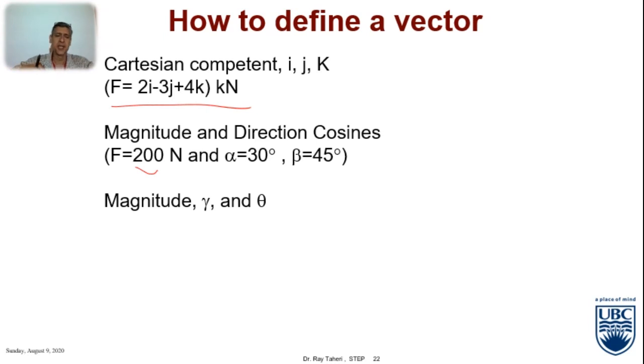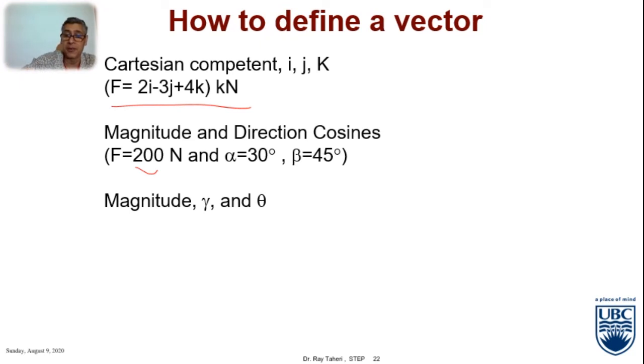The next is you have the magnitude of the vector, and same as a couple of questions, you have the angle with the z direction, and then you have the projection angle on the xy plane. If you recall, these two angles are different than the other angles. One angle is gamma, the angle it makes with z, and the other angle is the angle the projection makes.